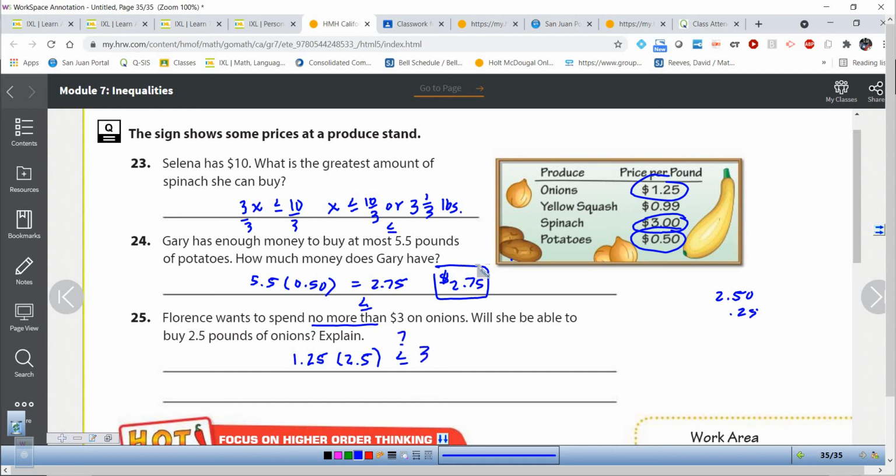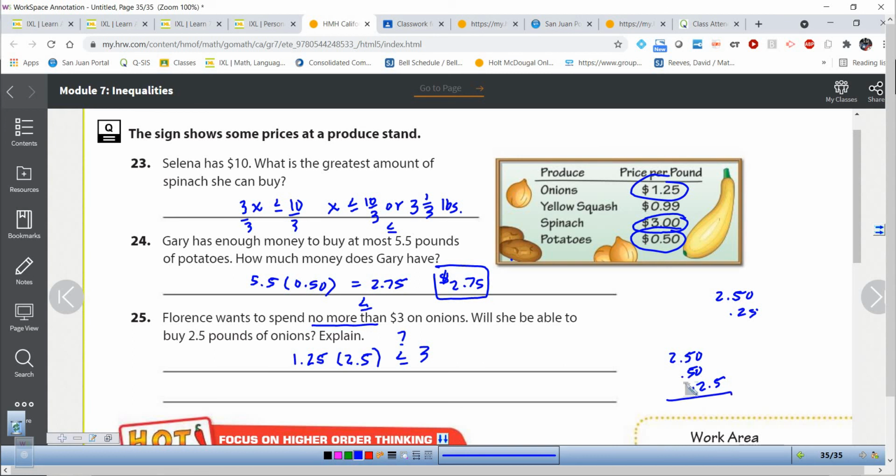All right. Well, let's do this. 1.25 times 2, again, if I just do 1.25 times 2, that's 2.50. All right. If I do a half of $1.25, well, let's see, a half of $1 would be 50 cents. And then a half of 25 would be 12.5 cents.